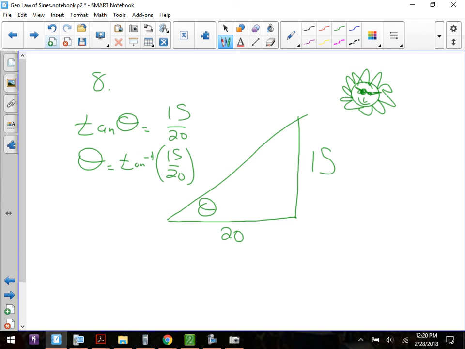Every other time that you have an angle, you're just pressing buttons. So let's see here. That means we have the inverse tangent. You guys get 36.87 when you round that to 2 decimals?